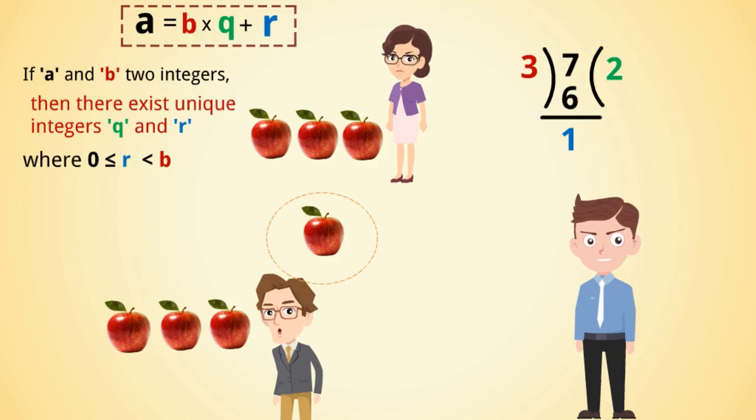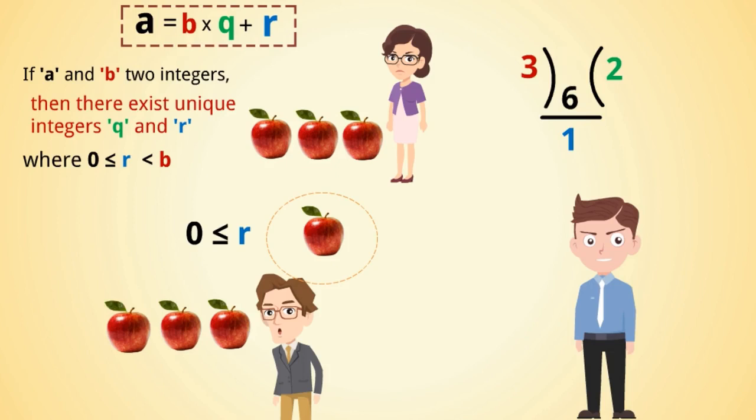It should be 0 or a positive number without a fraction. Integer means it should not have any decimal point, so we can say the remainder r is greater than or equal to 0.